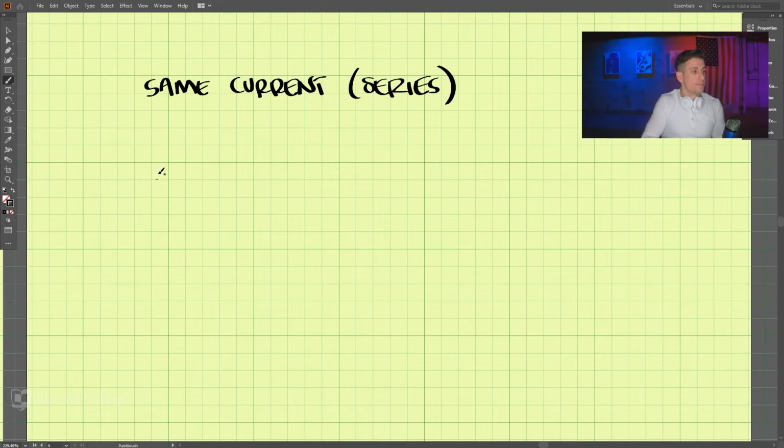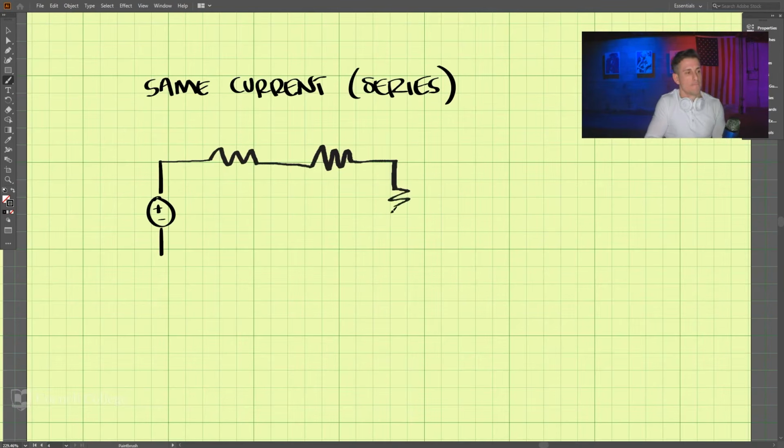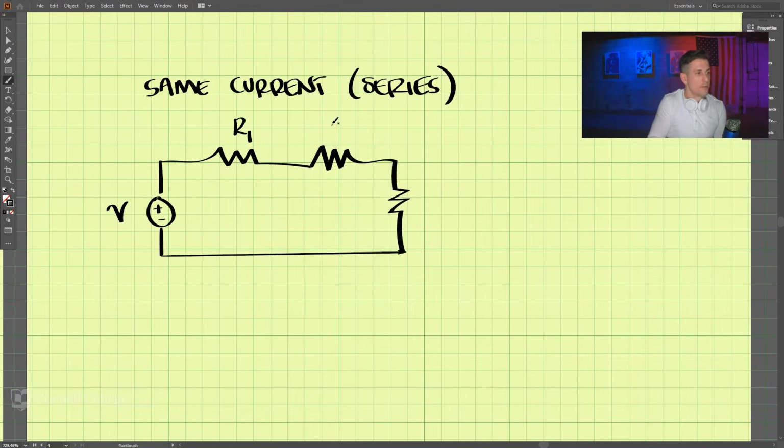For example, we have a voltage source and we have 3 resistors. So this is V, and we have R1, R2, and R3.